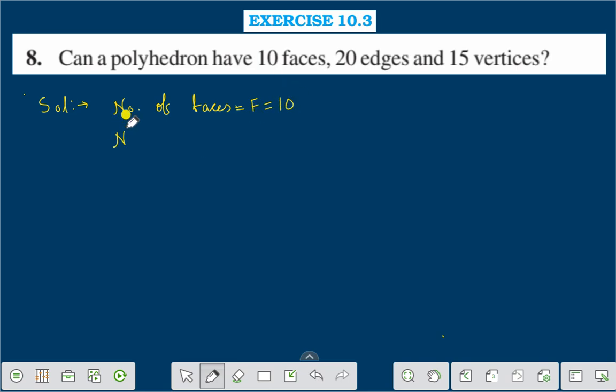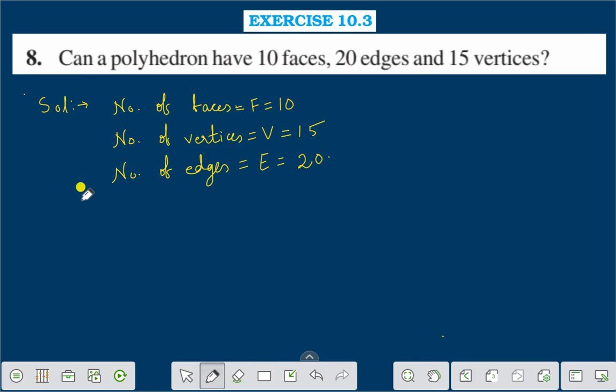Number of vertices, that is V, is equal to 15, and number of edges, that is E, is equal to 20. Right? Now we'll check Euler's formula.